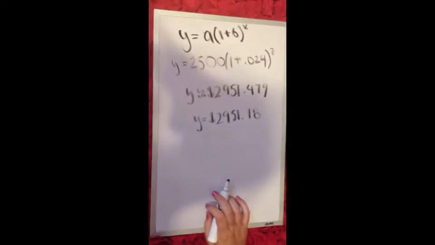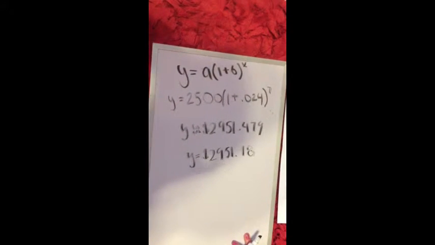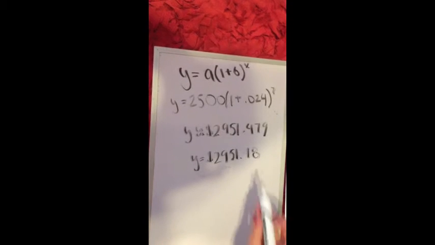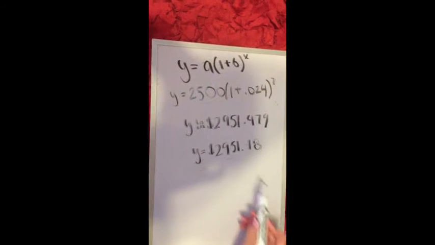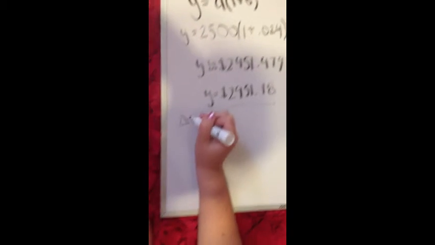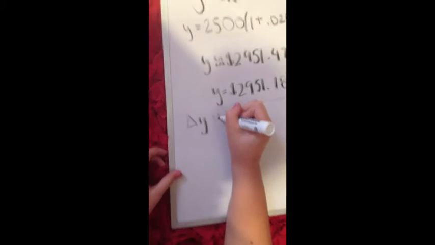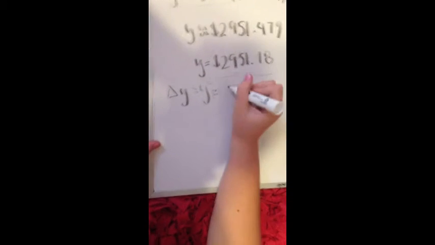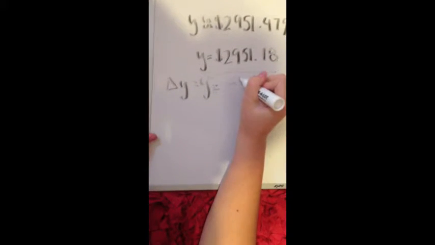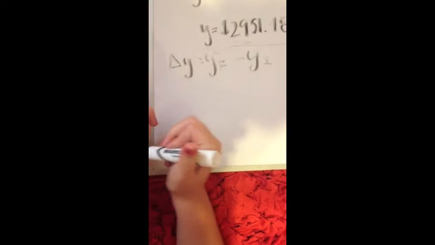$2,951.48. Now, because the problem asks us for this change in account balance, we have to subtract his initial account balance from the final account balance. So to do this, we take delta y is going to equal y final minus y initial.